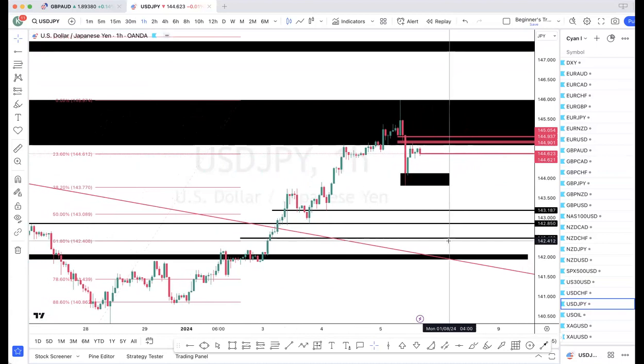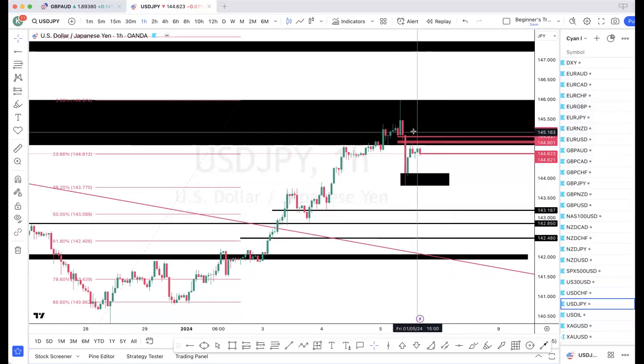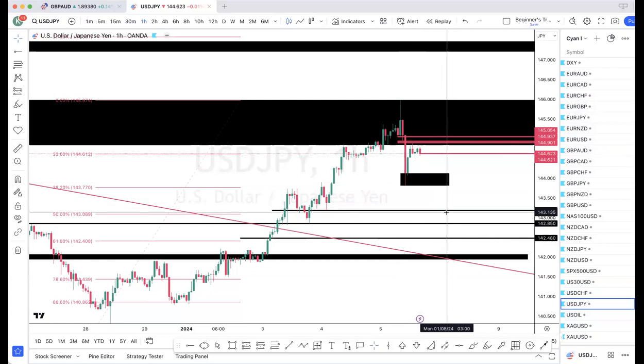Like GJ, we were looking for it to pull back to the 50%, 618, maybe even 78, one of these zones right here that I have marked up.